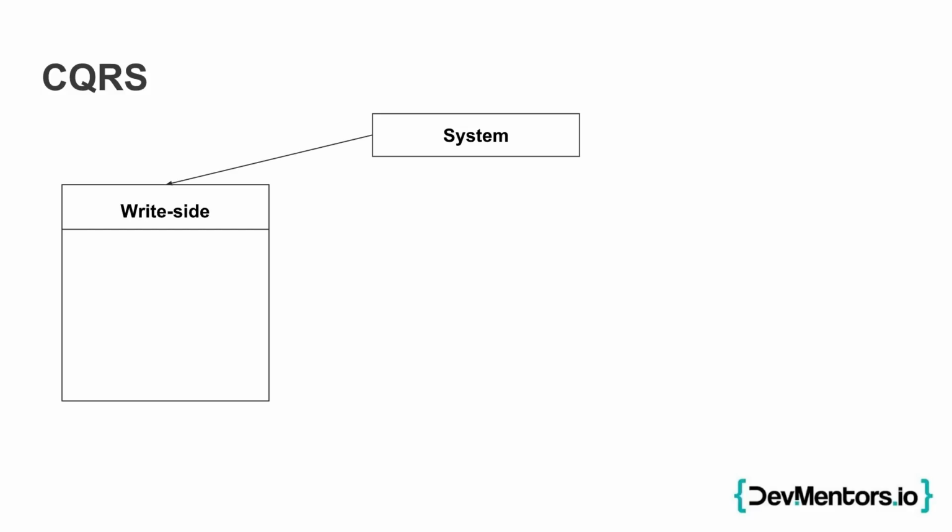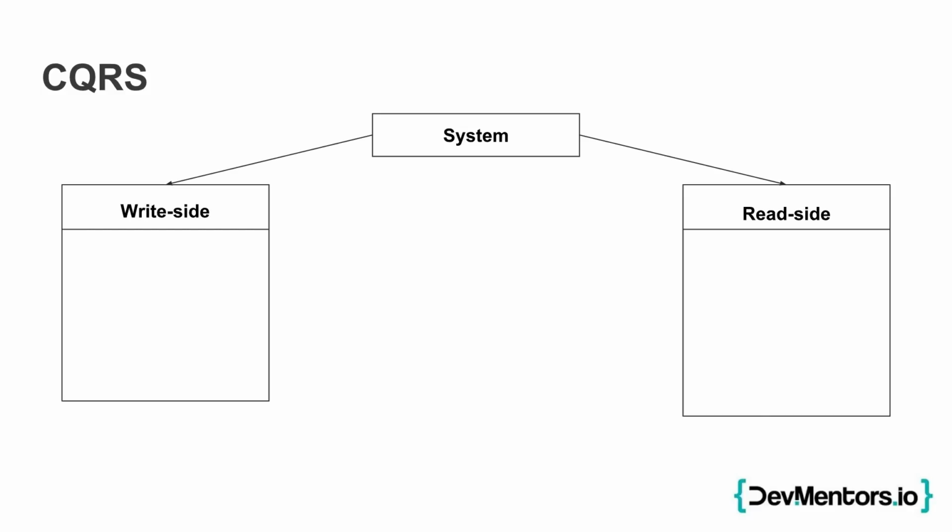So let's go with the right side. Basically, I think we should talk about the basic concept of CQRS. CQRS stands for Command Query Responsibility Segregation. What it says is that you kind of need two systems instead of one.